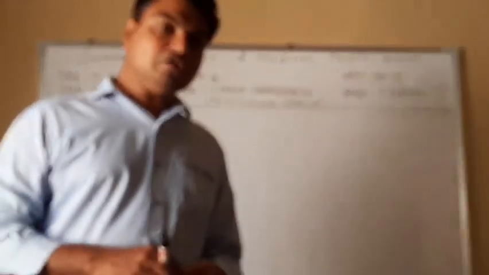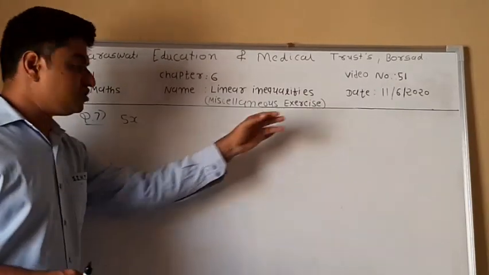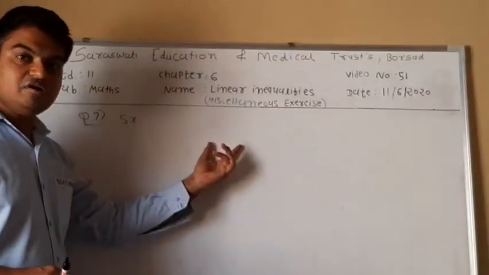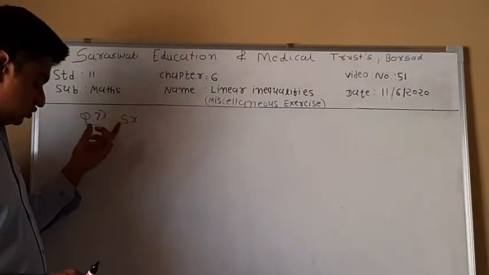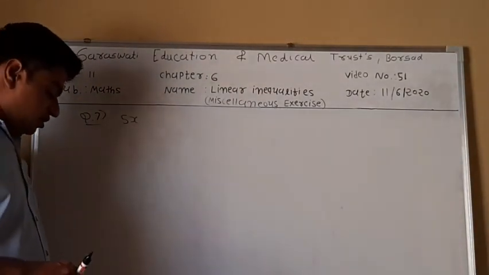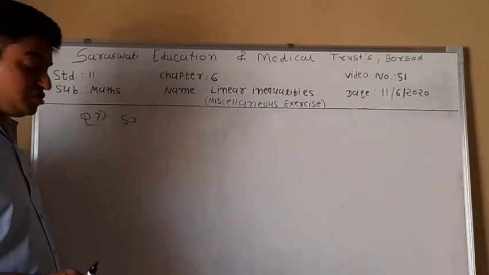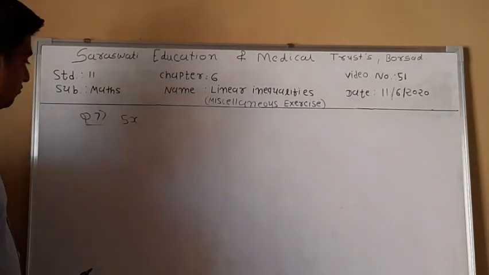Good morning, students. Today we are going to discuss miscellaneous exercise questions number 7 to 11. Now our question is: solve the equation and represent the solution graphically on the number line.